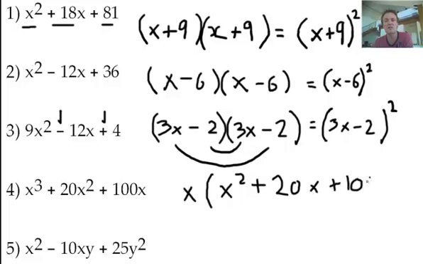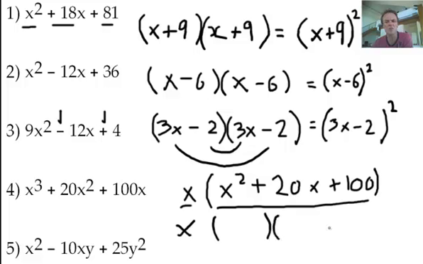You leave that x where it is and factor this. What are two numbers that make 100 when you multiply and 20 when you add? 10 and 10: x plus 10, x plus 10.